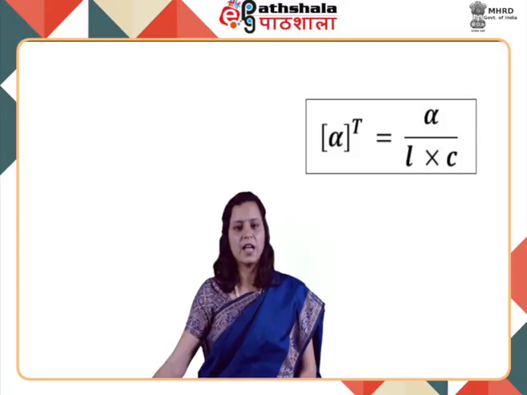It can be calculated using the equation [alpha]_λ^T = α / (l × c), where alpha is the observed angle of rotation in degrees, l is the path length in decimeters, and c is the concentration of the enantiomer in gram per liter for a sample at temperature T and wavelength lambda in nanometers. When we use light with the wavelength 589 nanometers, which is the sodium D line, then the symbol D is also used. The sign of the rotation, plus or minus, is always given here.